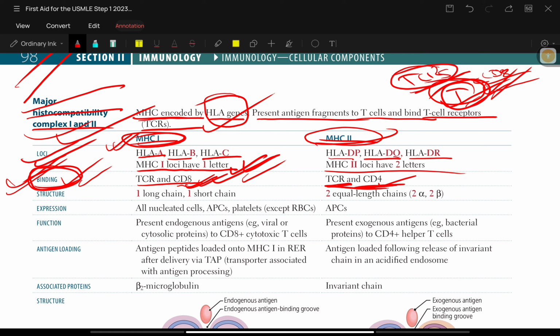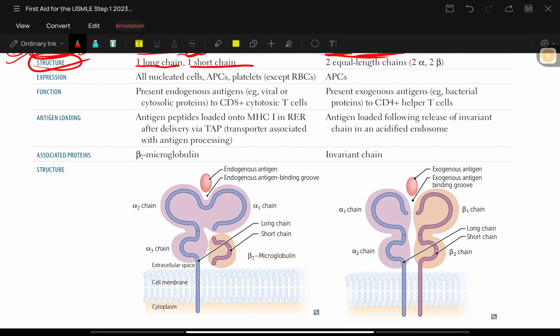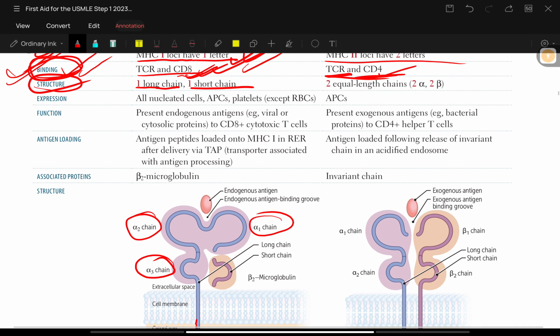Now talking about structures. So MHC class 1 structure is like one long chain and one short chain. Here we can see in the figure that it consists of alpha 3 chain, alpha 2 chain, alpha 1 chain, that are included and create a long chain.